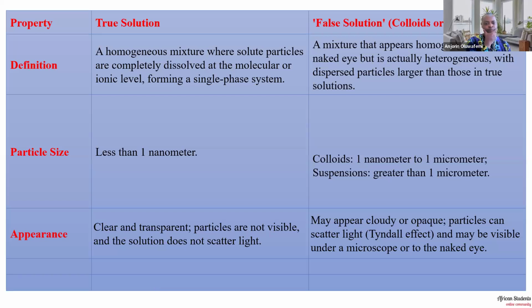A true solution is a homogeneous mixture where solid particles are completely dissolved at the molecular or ionic level, forming a single phase system. Now, false solution, or colloids or suspension, on the other hand, is a mixture that appears homogeneous to the naked eye, but is actually heterogeneous with dispersed particles larger than those in true solution.